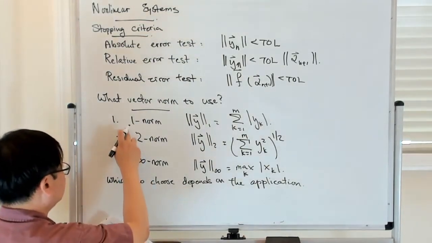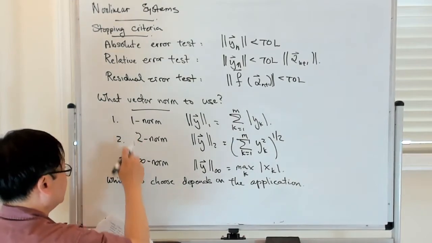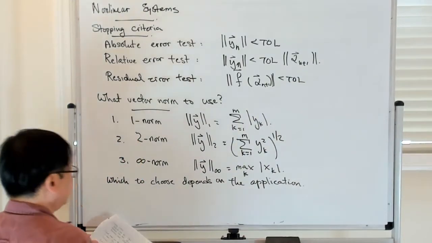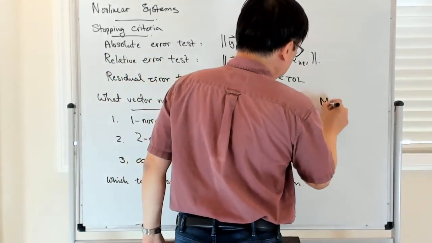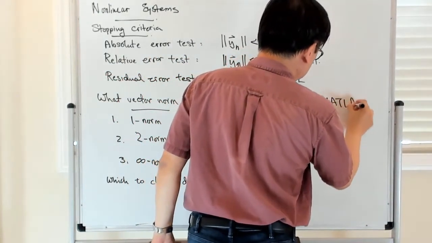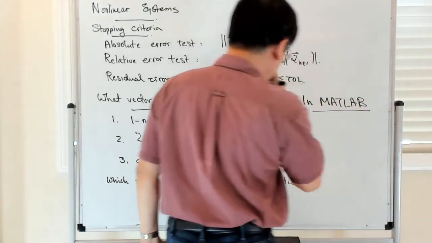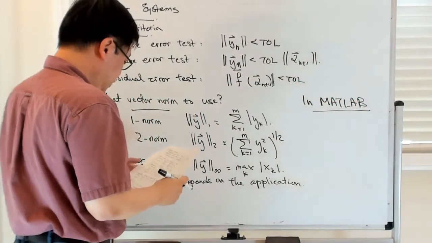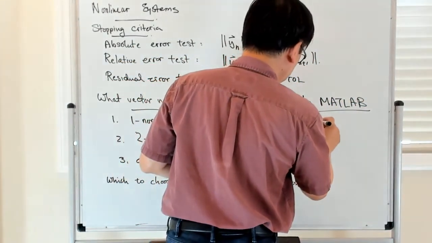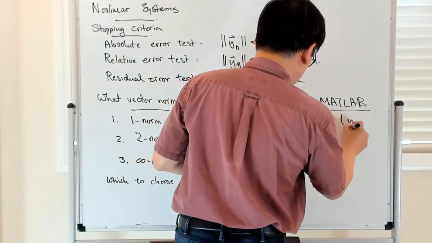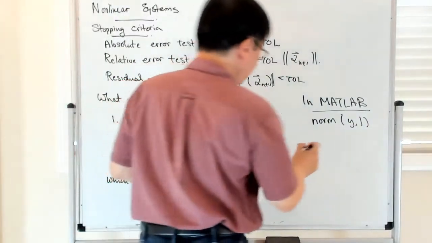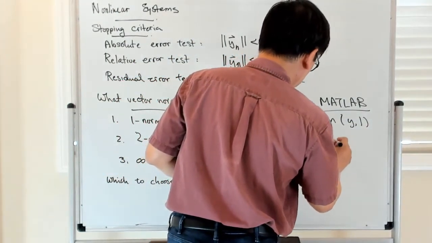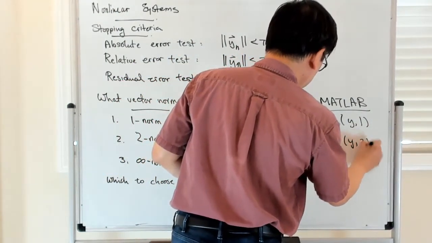Okay, let me briefly say what happens if you wanted to evaluate these norms in MATLAB. If you wanted the one norm, you would just call norm y comma 1. To evaluate the two norm of a vector, you call norm y comma 2.